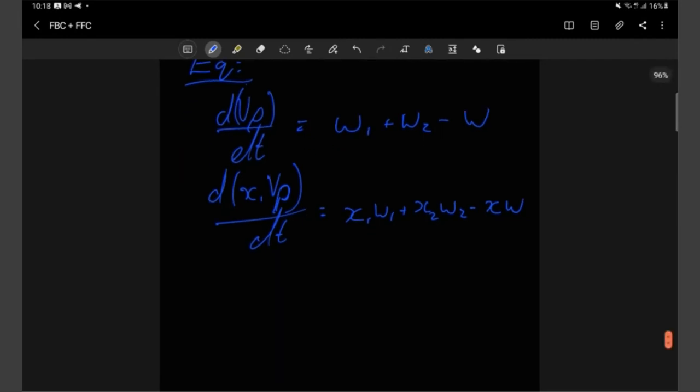Any other equations? Energy balance, what would that be? I'll leave that to you. Submit an assignment on the energy balance of this system by tomorrow 12 p.m., noon. Let's make it 1, so 1300 hours.